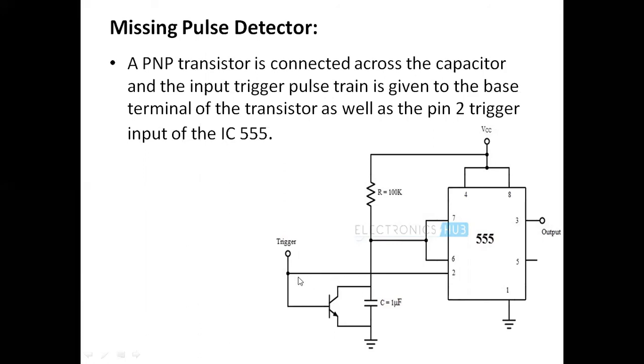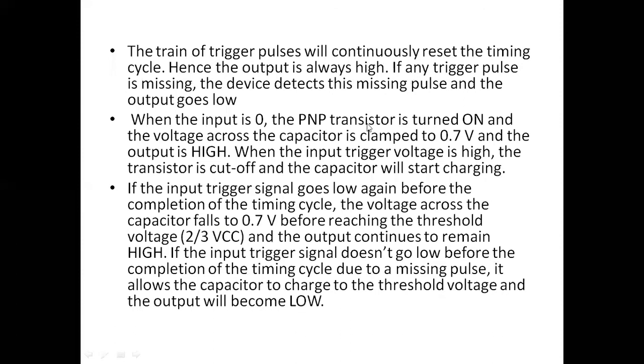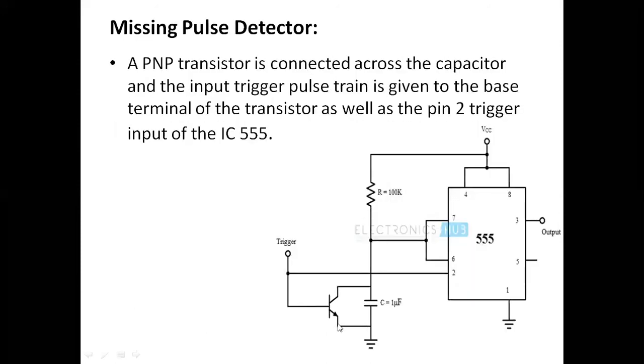If the trigger pulse is applied, then the PNP transistor will be off, and the capacitor will start charging. If the PNP transistor is on, the capacitor clamps to the base voltage of the transistor, that is 0.7 volts, and the output will be high in that situation.